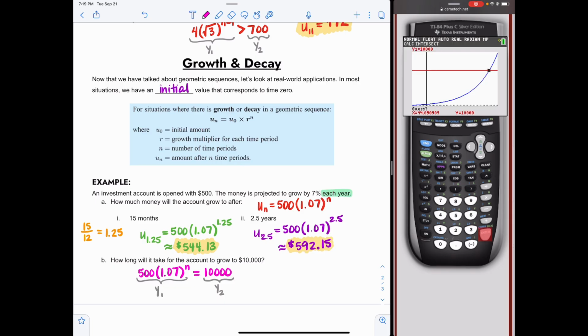When I press enter 3 times, I see that it took approximately 44 years in order for it to reach $10,000. Keep in mind that when we are talking about time, we normally do not use decimals, which is why I said that it is 44 years instead of 44.2 or 44.3 years.